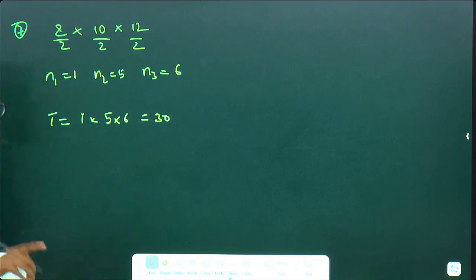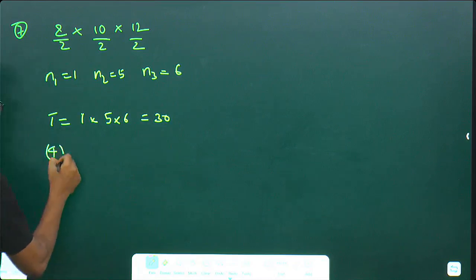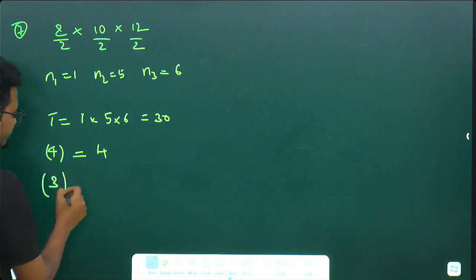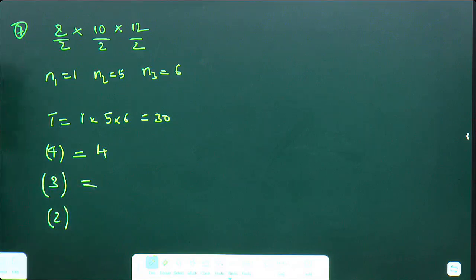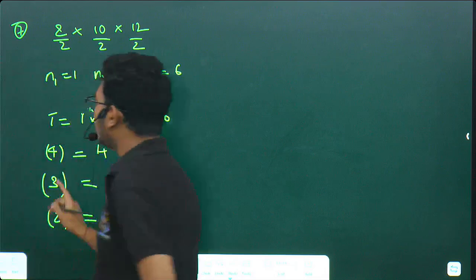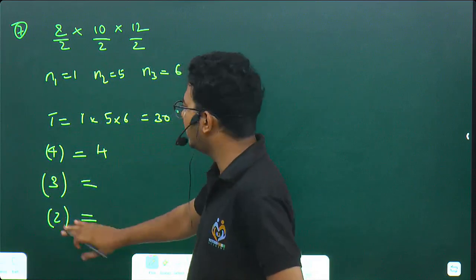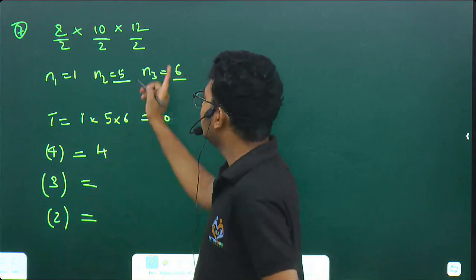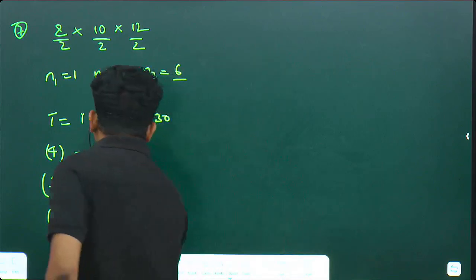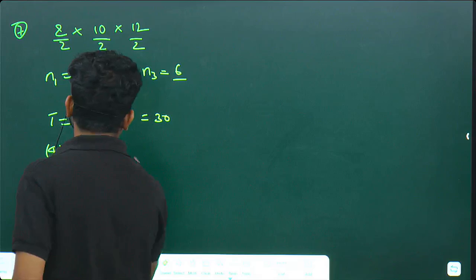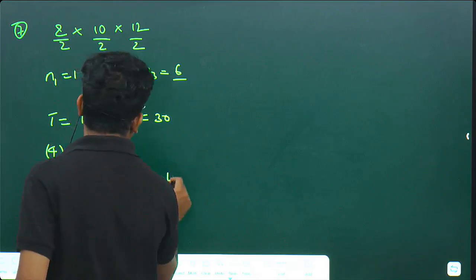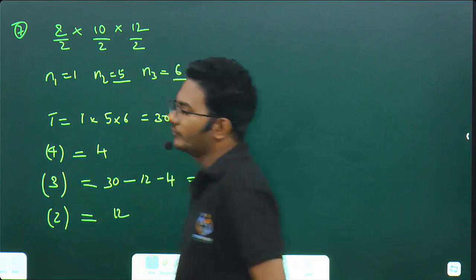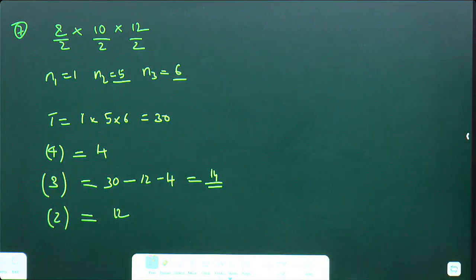Here he can ask only 4 surfaces painted, which is 4, 3 surfaces painted, and 2 surfaces painted. For 2 surfaces painted you have the formula, 5 minus 2 into 6 minus 2, which is 3 into 4, which is 12. So the middle one is 30 minus 12 minus 4, which is 14. So 20 seconds it took for me.